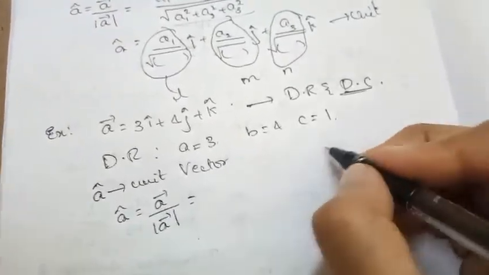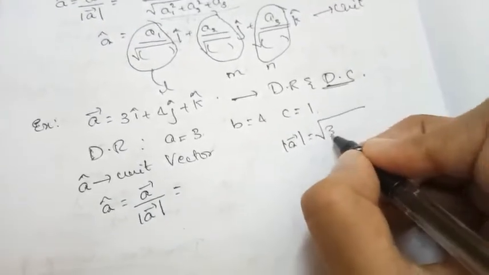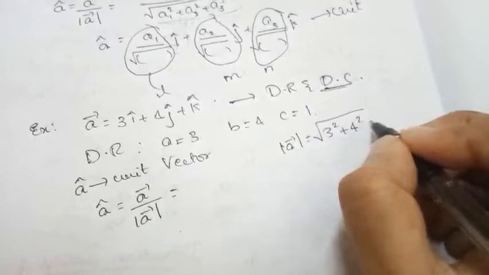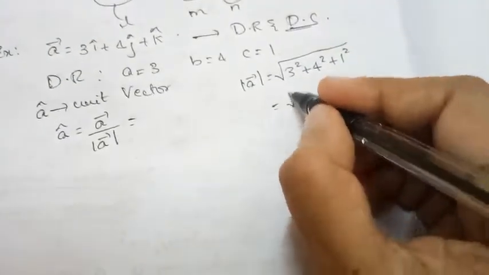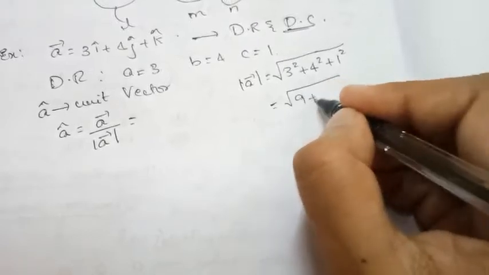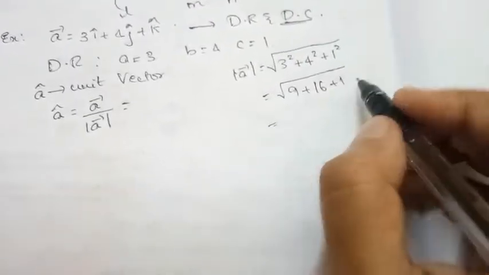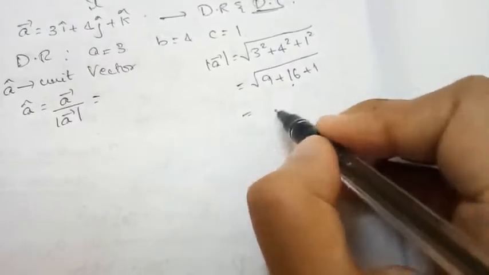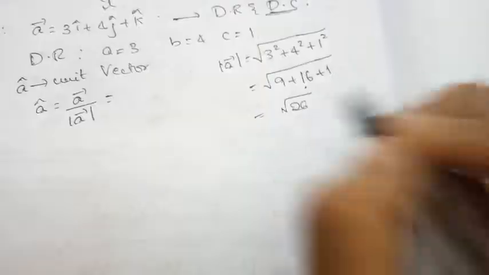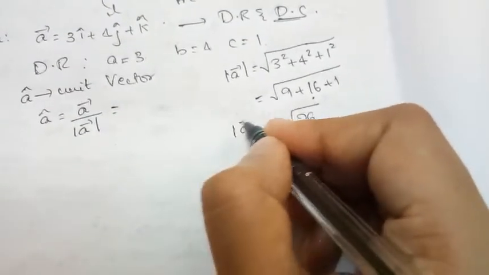So what is the magnitude of vector A? It is the square root of 3 square plus 4 square plus 1 square. That is 3 square 9, 4 square 16, plus 1: 9 plus 16 is 25, plus 1 is 26. So the square root of 26. So we got the magnitude of the given vector.